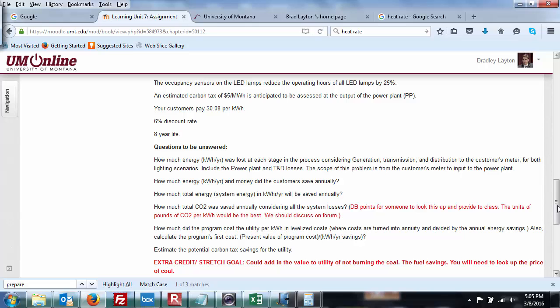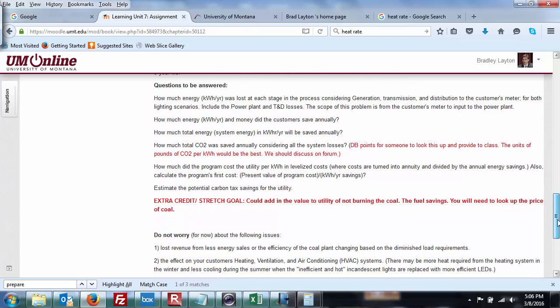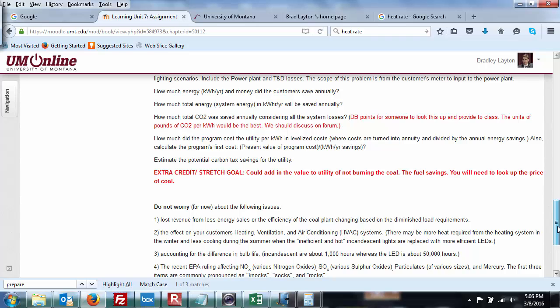How much energy was lost at each stage of the process, considering generation, transmission, and distribution? Include the power plant. How much do you save annually? Provide the units. How much did the program cost the utility?